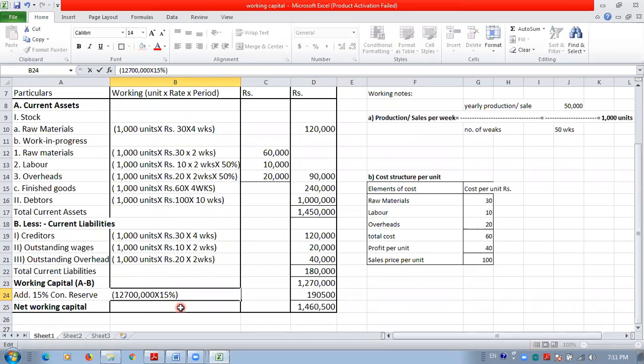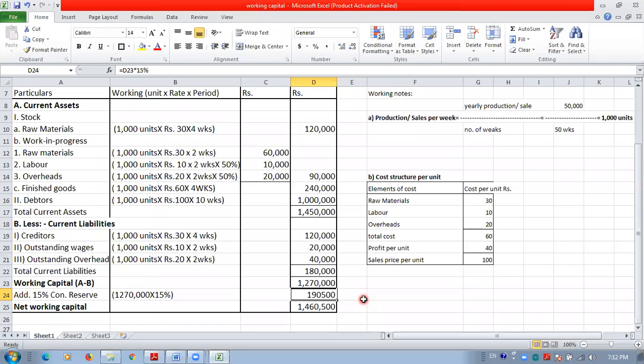And now calculate the 15% figure. What is 15% of 12 lakh 70,000? What is the amount here? I think it is 1,90,500, right?